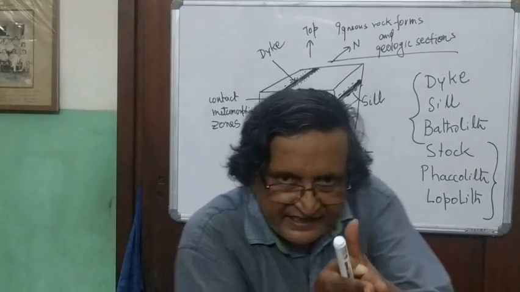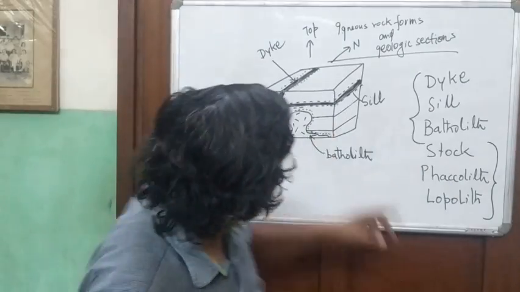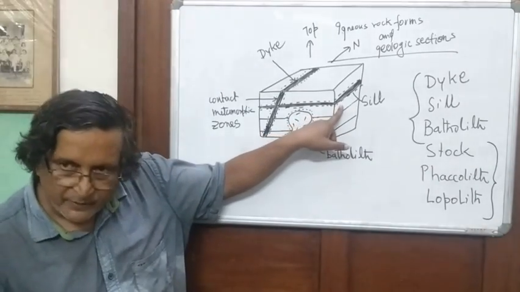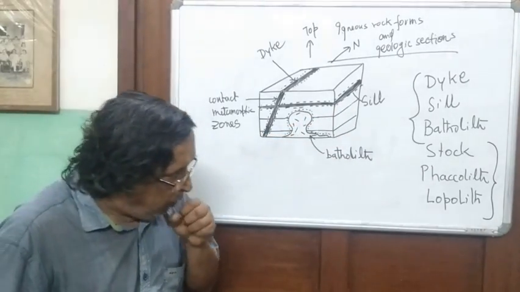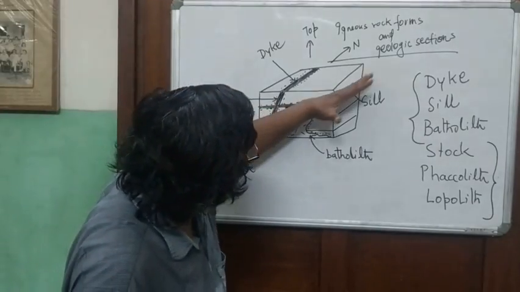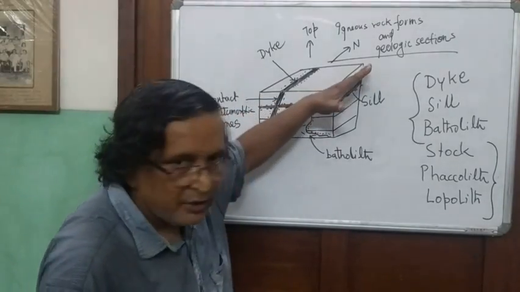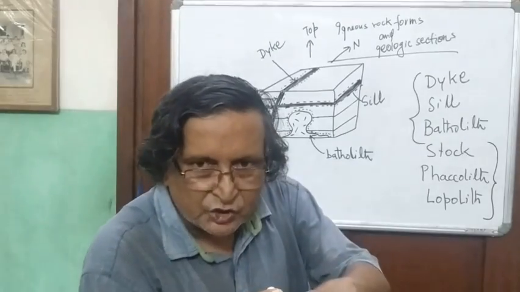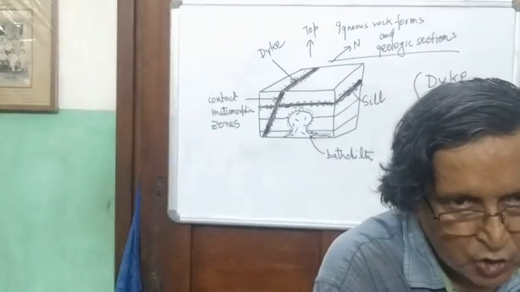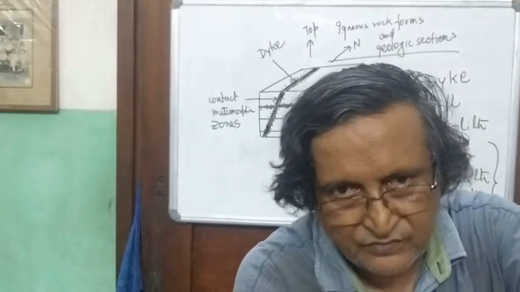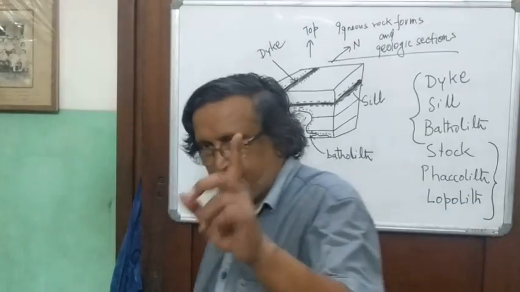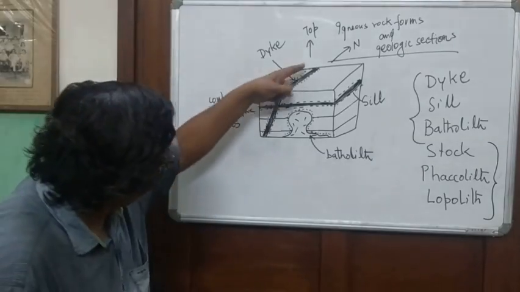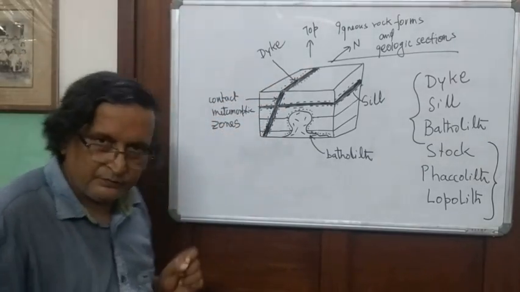Concordant means having the same structure as the intruded sedimentary rocks. So the orientation of this planar body, which I call a sill, is concordant with the structure of the rock into which it is intruded.